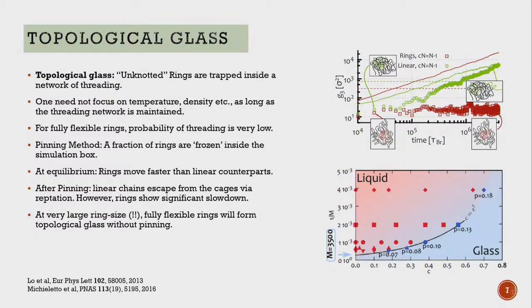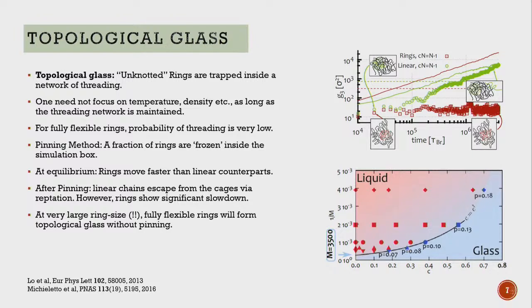What they observed is that the linear polymers can escape this pinned network. However, the rings remain caged as compared to the linear case. This is an example of how topological interaction controls the motion of ring polymers and how it differs from the linear case.